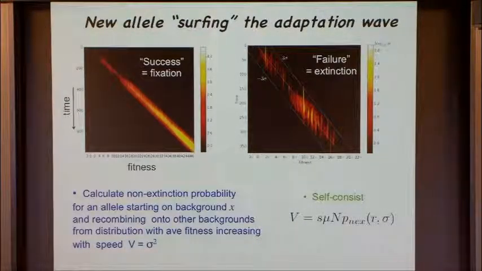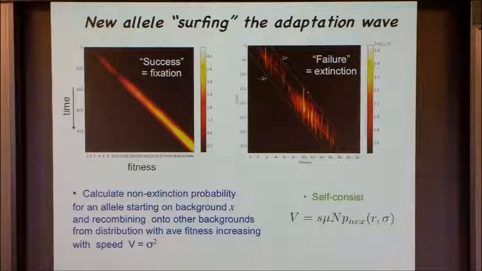Let me redraw this picture in terms of a numerical simulation, which you can easily do, right? So still the same sort of stick diagram, and these little sticks are individual clones, and every so often you see a new clone appear way ahead of the rest of the population at that time.